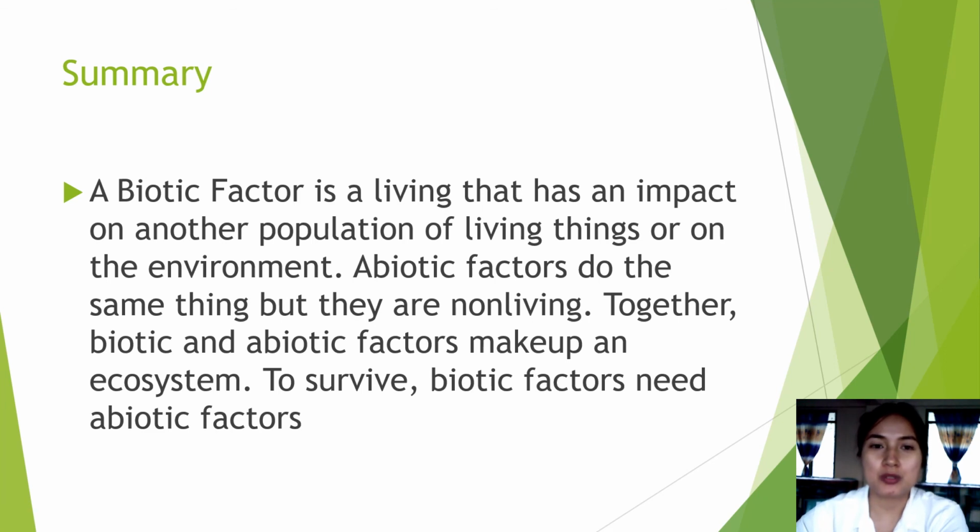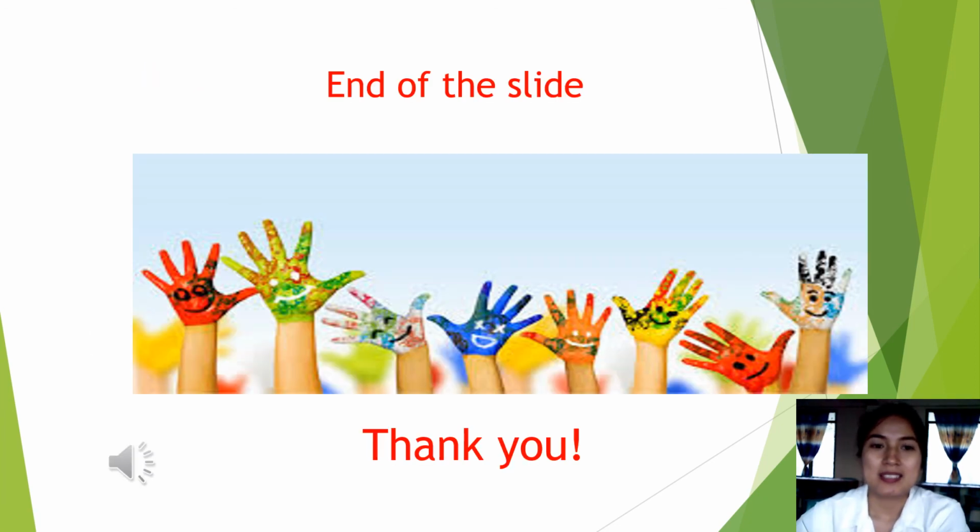Abiotic factors do the same thing, but they are non-living. Together, biotic and abiotic factors make up an ecosystem. To survive, biotic factors need abiotic factors. So, that's it for our video.